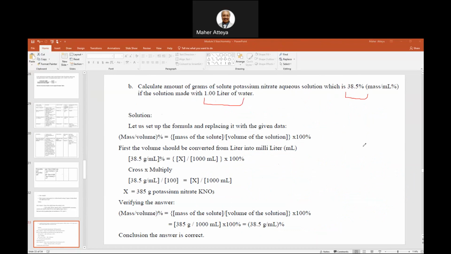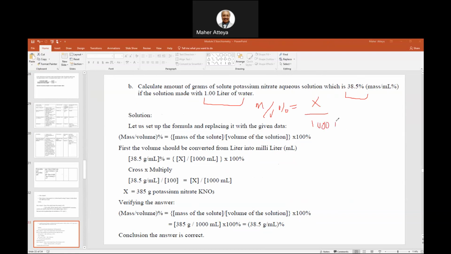And they ask you to calculate the mass of the solute, which is the small amount. So we have mass over volume percentage equal to the mass you don't know, X, correct? And the 1 liter, which is 1,000.